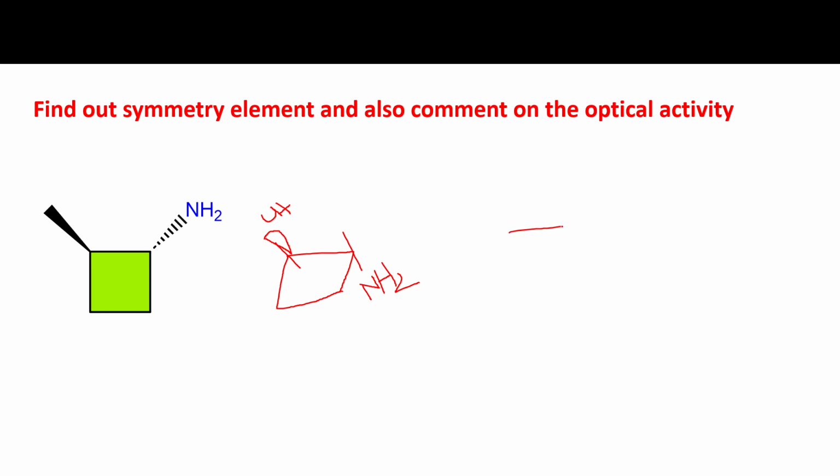In this case also, if the molecule is like this, where both methyl and amine are up, that case also the molecule doesn't have any sigma plane. So in both cases the molecule is optically active and the point group is E, that is C1.